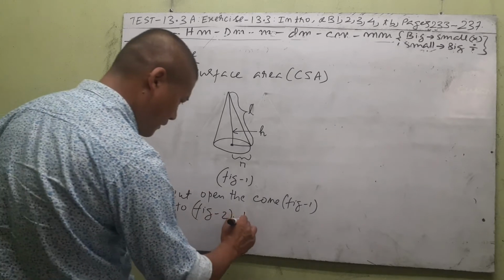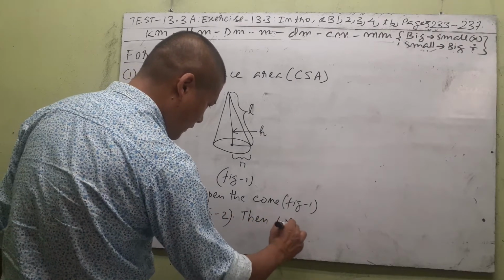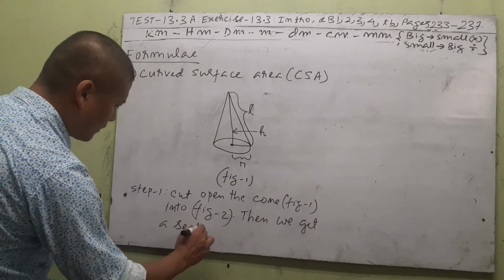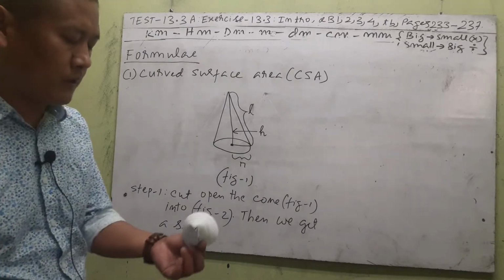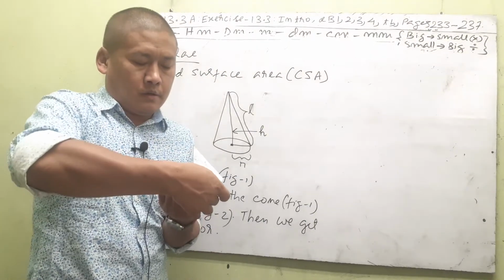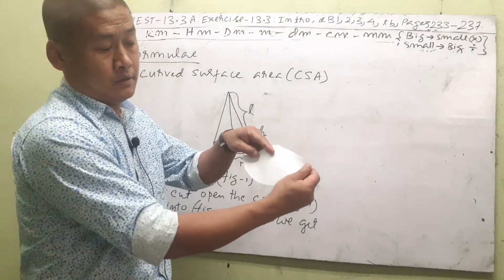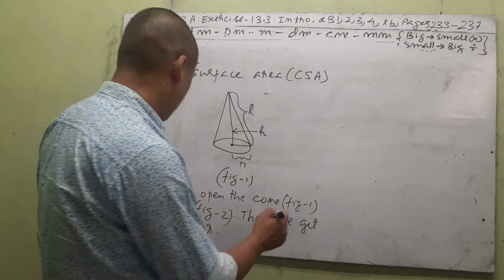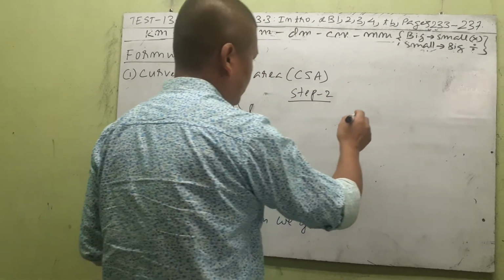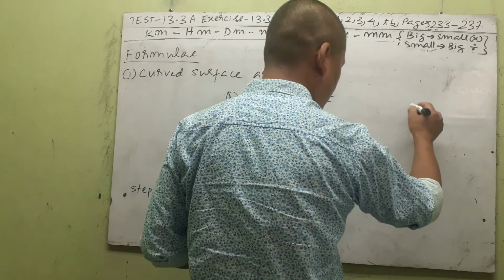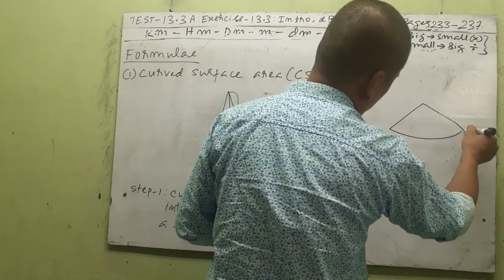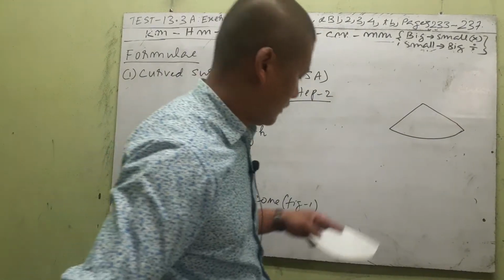Then we get a sector. I'm going to explain this. So this is the cone. You cut it open now with a scissor, and you'll get a shape like this. So let's draw that figure 2. So step 2. So we're going to get here figure 2, that is like this. As you cut open this cone, you're going to get a shape like this.